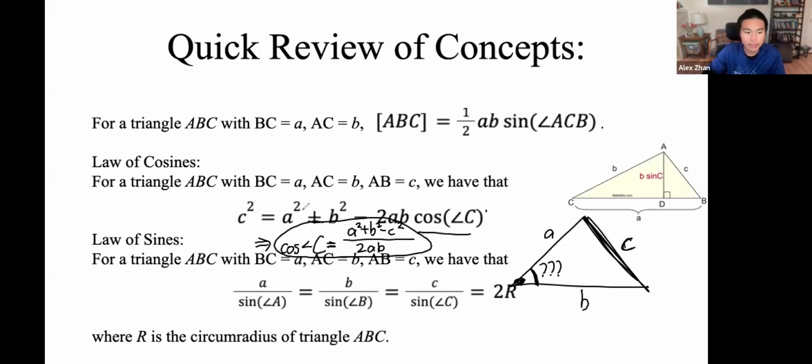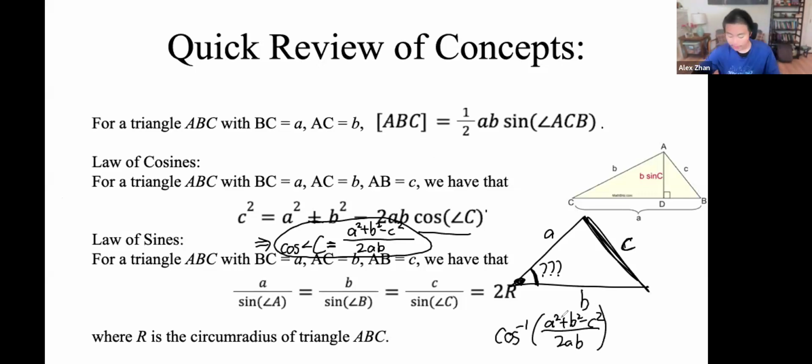Oftentimes that's enough for most problems. If the problem asks you to solve directly for what angle C is, then you'd have to take the arctangent of, wait, no, arccosine, sorry. If it asks you for an exact measure of the angle, then you would need to take the arccosine of a squared plus b squared minus c squared over 2ab.